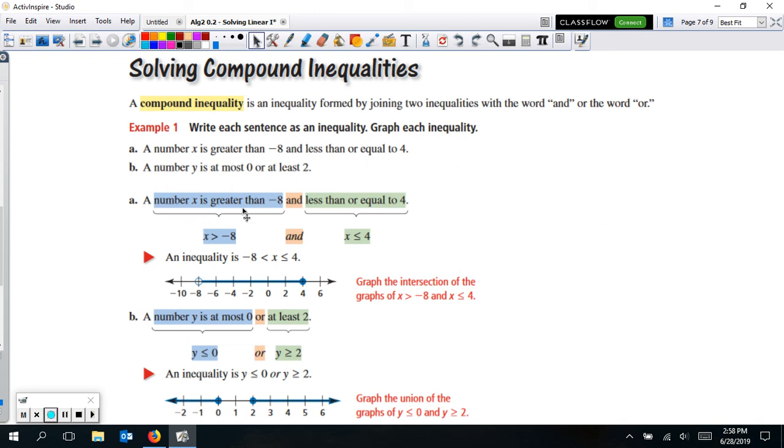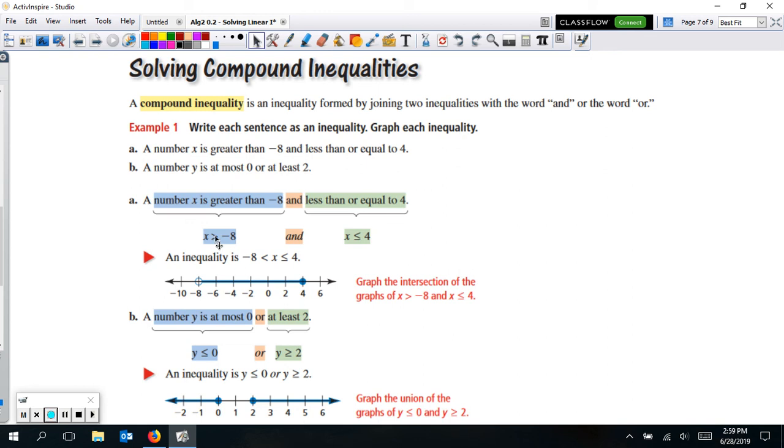So there's one inequality: x is greater than negative 8. x is also less than or equal to. This or right here is part of the or equal to part, which is part of the inequality sign. This is the and that separates the two inequalities. So here's our first inequality: x is greater than negative 8. And x is also less than or equal to 4.